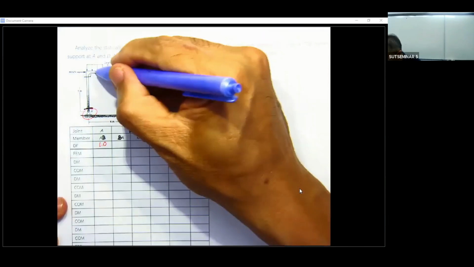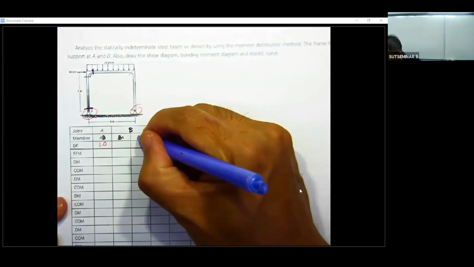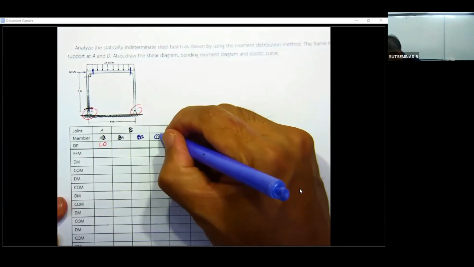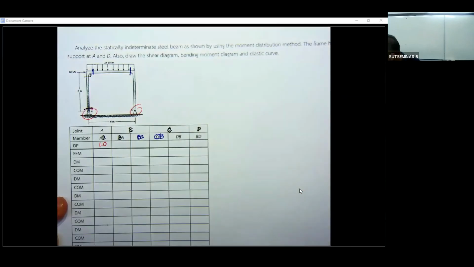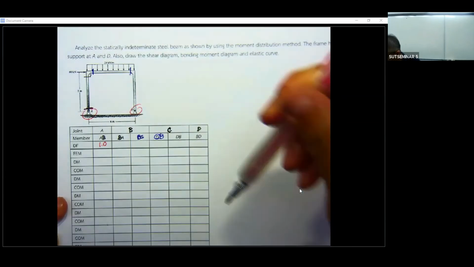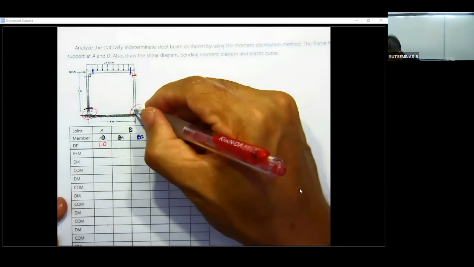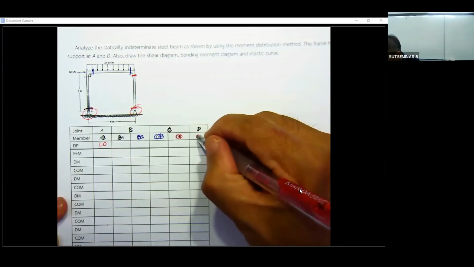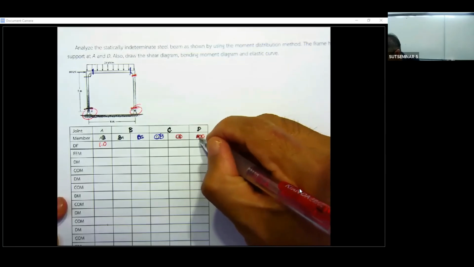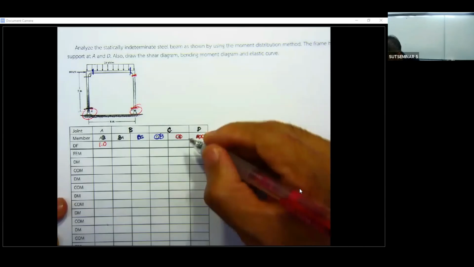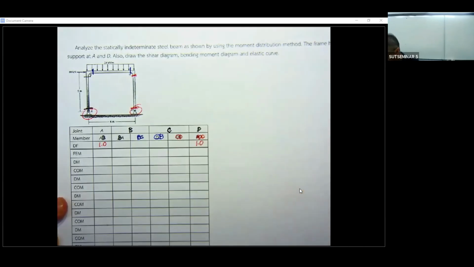This one is going to be B, C, and this one is going to be C, B. Okay, and then this one is going to be C, D, and the last one is going to be D, C. Okay, and to make it correct, this one also must be 0.